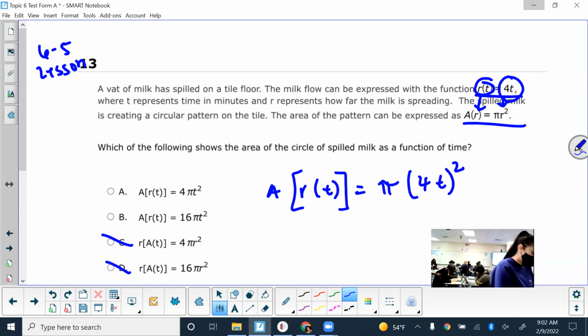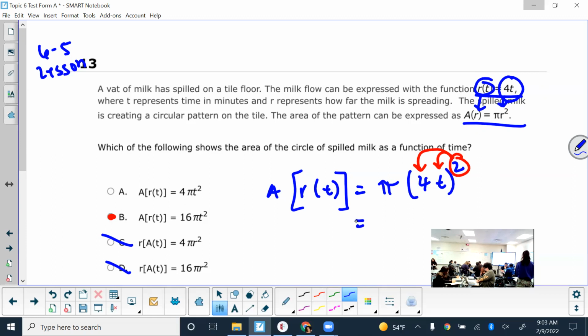Now, the right answer for this one is B, because what they did was they used the power rule and they distributed that exponent of 2 to everything inside the parentheses like they're supposed to. So bring everything down.